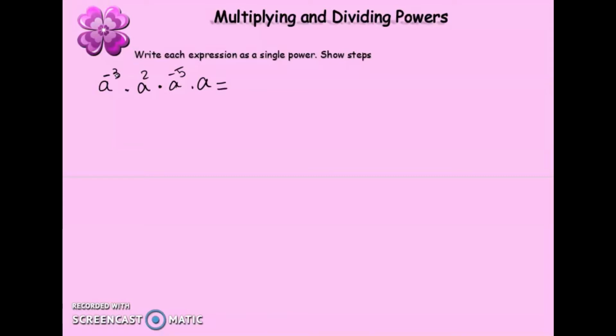Because this is multiplication, you write one of the bases and simply add up the exponents: -3 plus 2, then add -5, and then add 1. When there is no exponent on top of a base, it means the exponent is 1. So you have to continue and add 1.